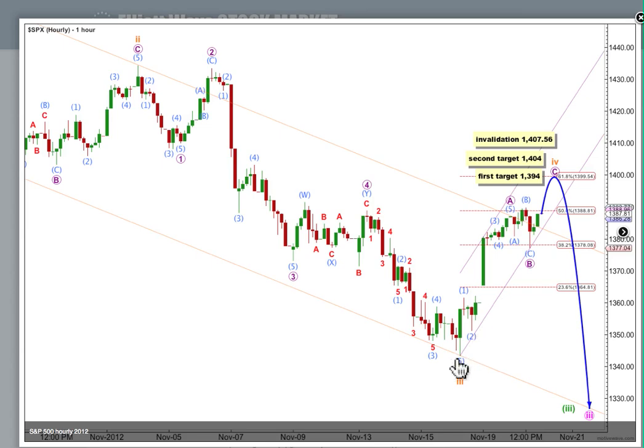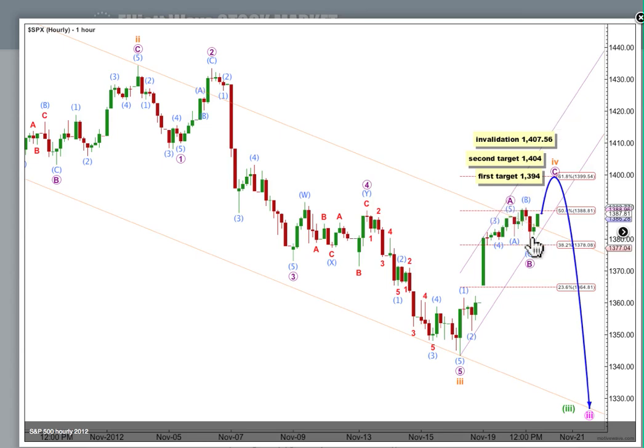Draw it first from the low or start of wave A to the end of wave B, and then place a parallel copy on the high of A, but push it out a bit further to include this part of wave A as well. Expect wave C purple is pretty likely to end midway in this channel, or a bit less likely about the upper edge of the channel where upwards movement should find resistance.